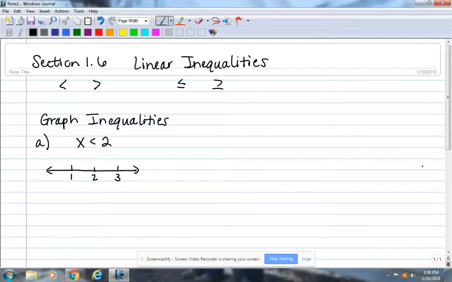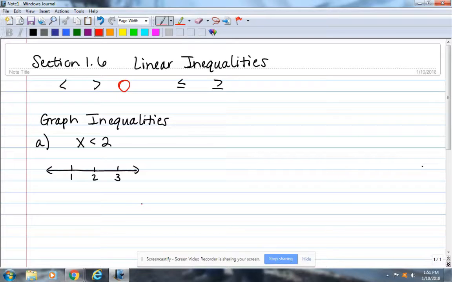So, if I want to show all the solutions that are less than 2, am I going to be showing numbers to the left or to the right of 2? To the left of 2, right? But is 2 less than 2? No, it equals 2, but it's not less than 2. So when we have less than or greater than, we have an open circle at that number because we're not including that number.